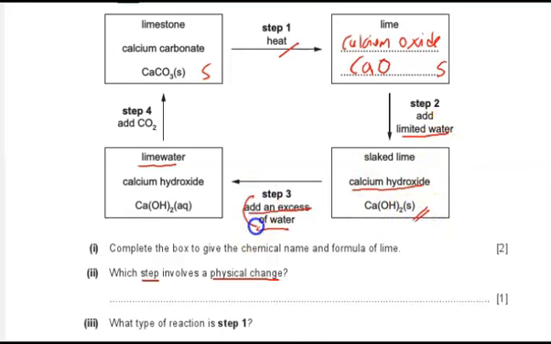When you add the excess water, this one will change into aqueous. You can see this in the notation here: here is S, and here is AQ, so it stands for aqueous. So we can make it step 3. Just write it down as step 3. Okay, let me scroll further down.